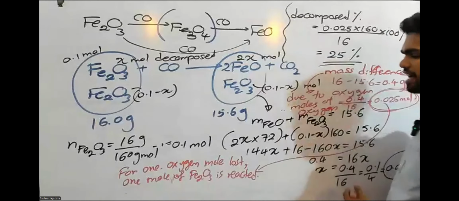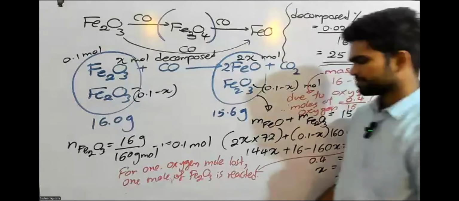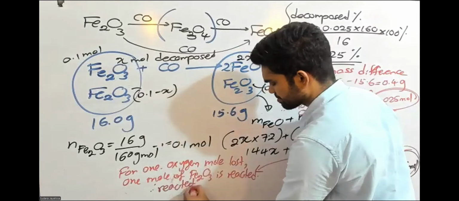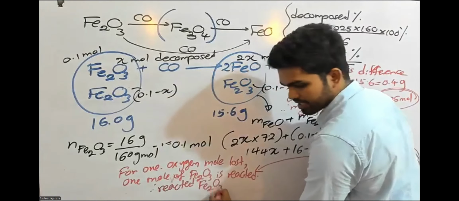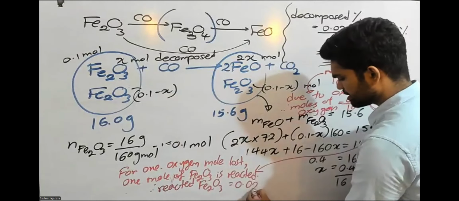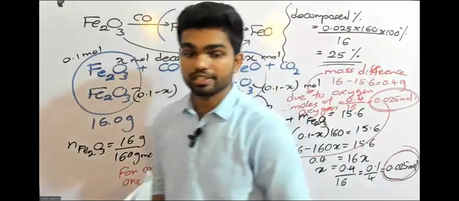Therefore, reacted Fe2O3 will be, again you can find the same answer. Understood that one? Therefore, reacted Fe2O3 is equal to 0.025 moles. Okay, so that's a good question.